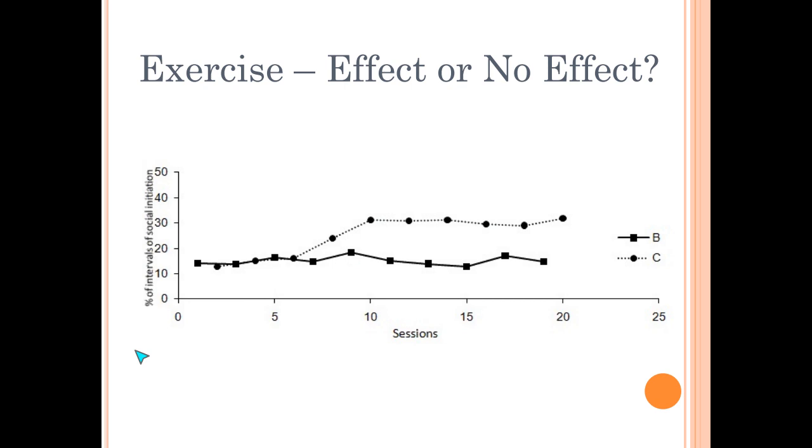And in an alternating treatment design, that is what you want to be looking for, that consistently one treatment produces better results than the alternative option, and C is clearly superior in this direction. And so we would say, yes, there is an effect, and the effect is C over B.